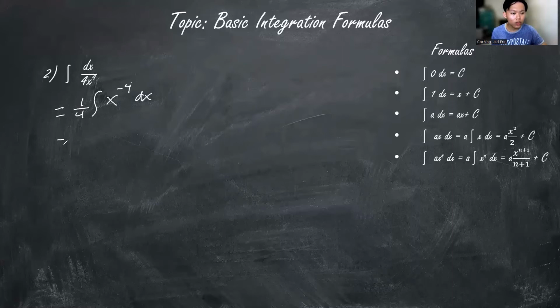Now we can solve. So 1/4. Okay, so this is negative 4, and we need to add 1 to the exponent. So it's going to be x to the negative 3 divided by negative 3 plus c.